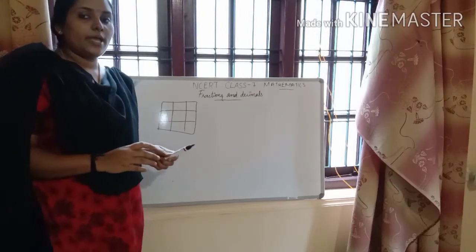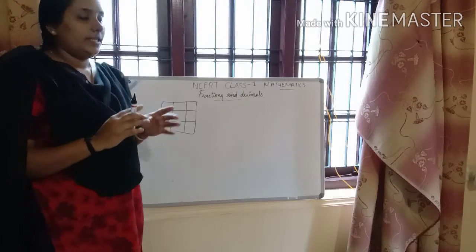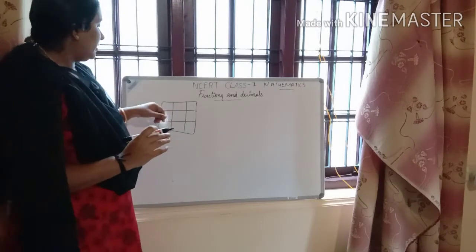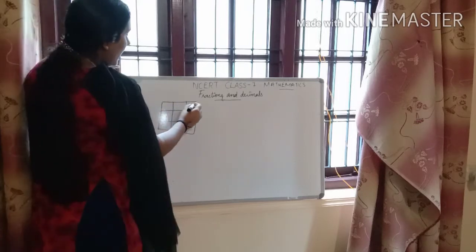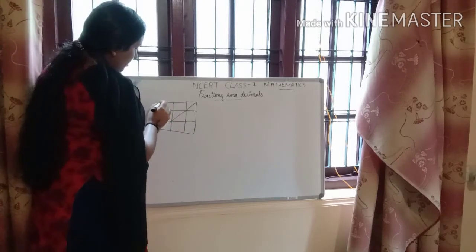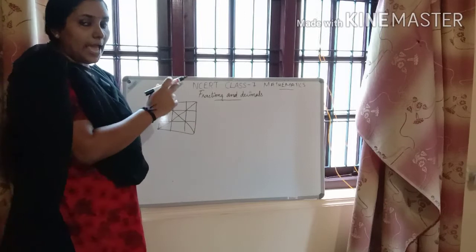Only one method is there to find out the magic square. In this magic square only one condition is there, that is we should get the same answer while adding the numbers in diagonal. Diagonal means like this and like this. We are adding in diagonal ways.